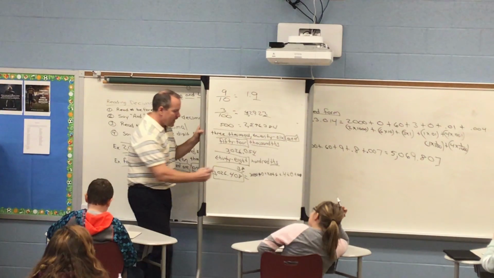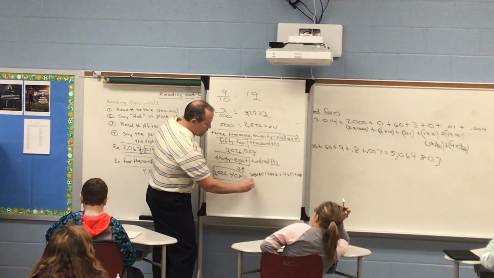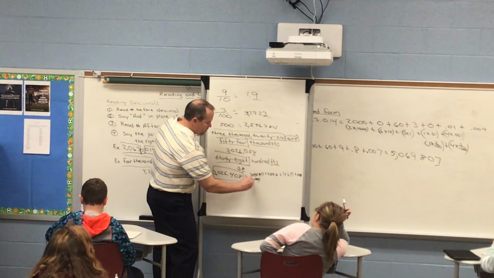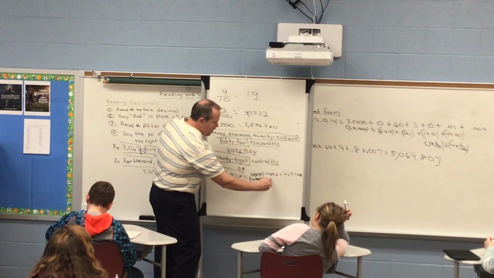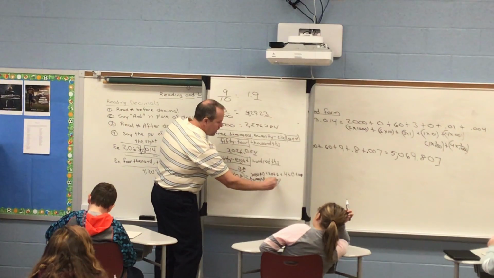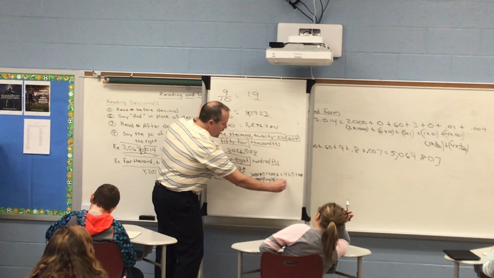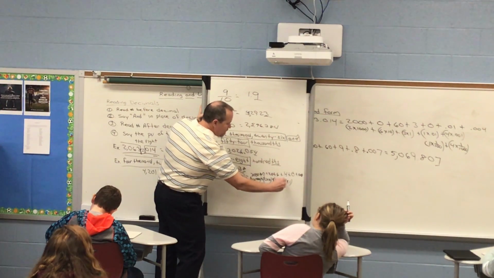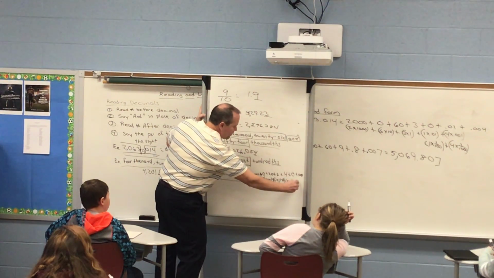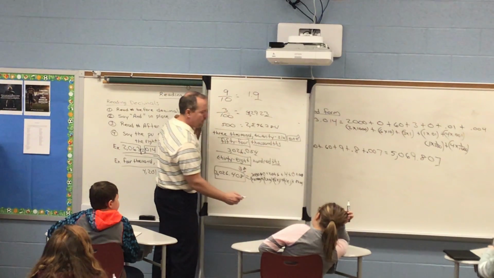The other way we can do it is take it times its place value, so 3 times 1,000 plus 2 times 10 plus 6 times 1 plus 4 times 1/10 plus 8 times 1/1,000.